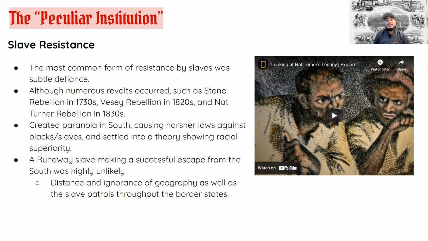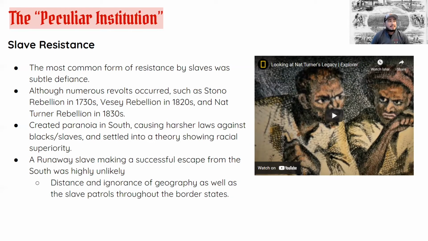Perfect. Thank you for taking a look at that legacy of Nat Turner. Now, something that we should also mention as another form of resistance, of course, is also runaway slaves. This is when you have African-American slaves who decide to leave the plantations and to make it somewhere more north, where they would feel to be more free.